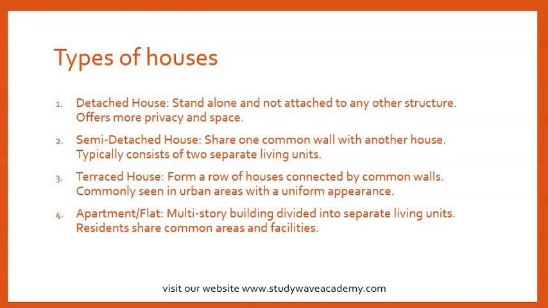Another type of house we have apartment or flat. Multi-story building divided into separate living units. Residents share common areas and facilities. We have the apartment or flat building with multiple living spaces. That's multiple living spaces. Okay? Multi-story buildings divided into separate living units.